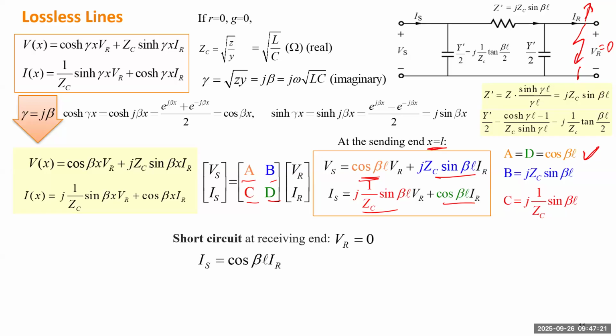By using this formula, this one will be 0, so this item will be gone. The current from the source will be equal to cosine beta L times the fault current. Because this fault current can be very high, the source current will be the high fault current multiplied by this factor. If this factor is small, the impact to the source can be small, but otherwise the source will be largely impacted.